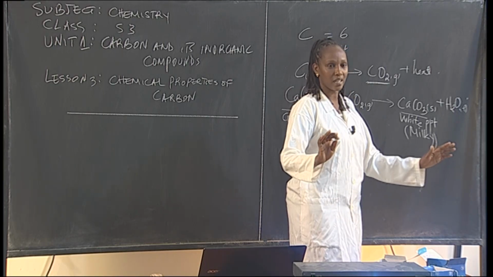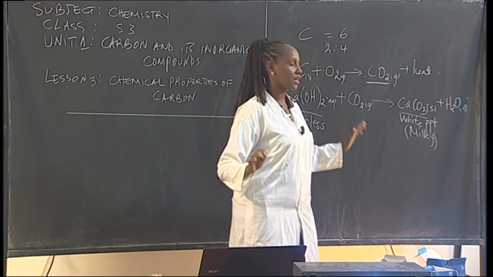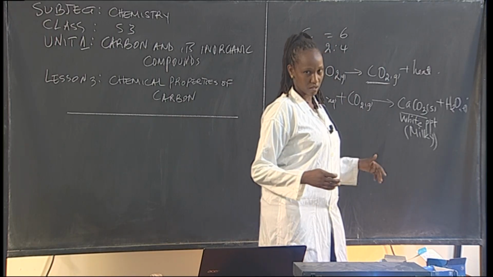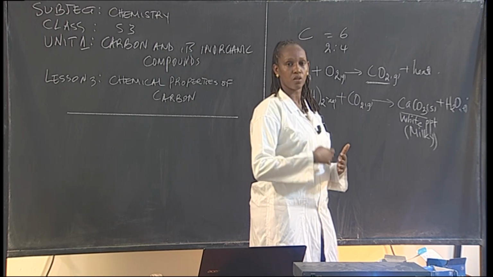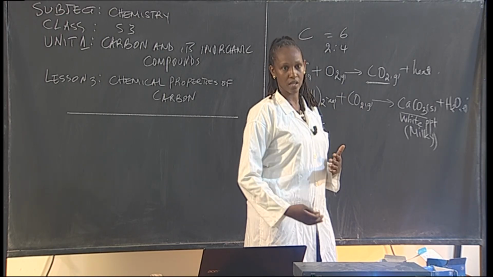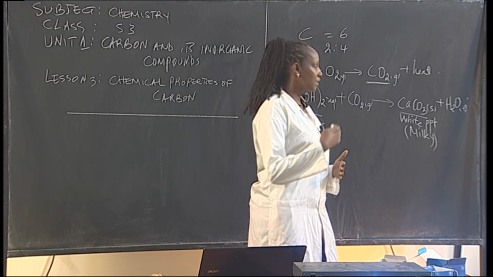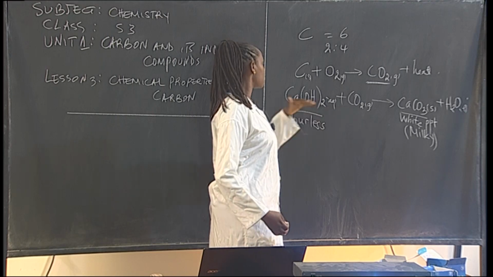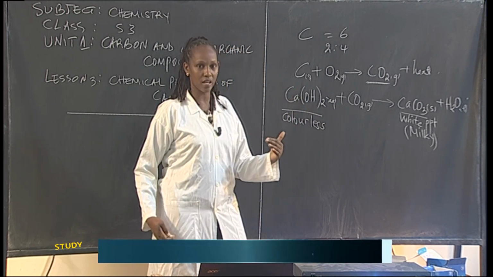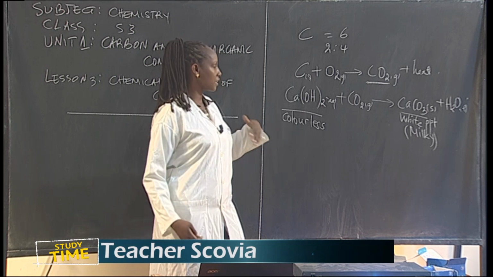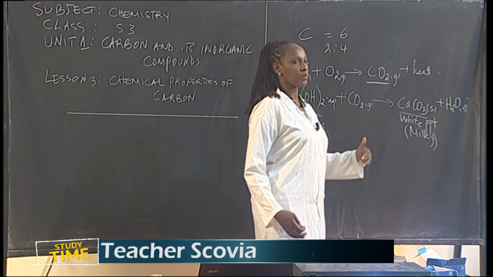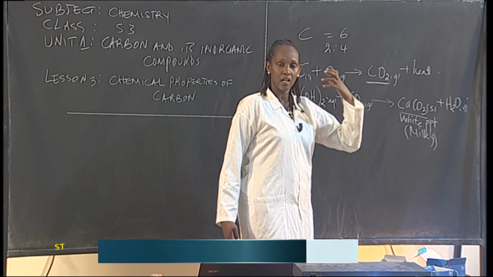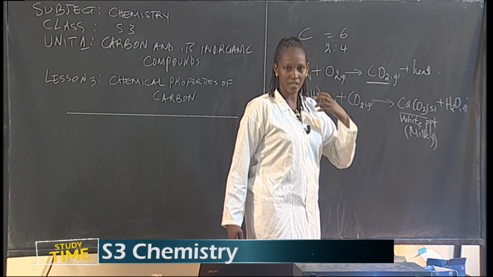When other colors form, or when it remains colorless, you don't confirm this gas is carbon dioxide. So whenever we react carbon with oxygen, we get carbon dioxide gas. And this carbon dioxide is confirmed when you introduce it into calcium hydroxide, which is colorless, and you see a white precipitate being formed. That is the confirmatory test for carbon dioxide gas.